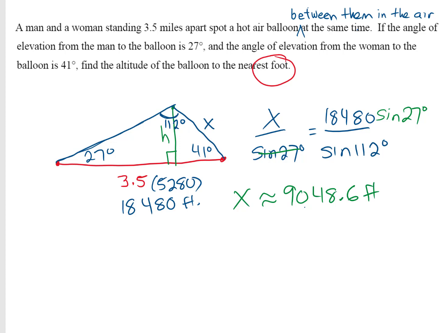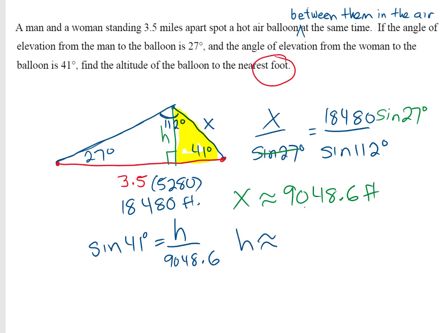And so if we take x now and we look at this right triangle right here, we know the side x, and that's the hypotenuse of that triangle, and we've got an angle in there, 41, and we want to find a side h. So let's connect that up with right triangle trig. The sine of 41 degrees equals opposite h over hypotenuse x, but x was 9048.6.